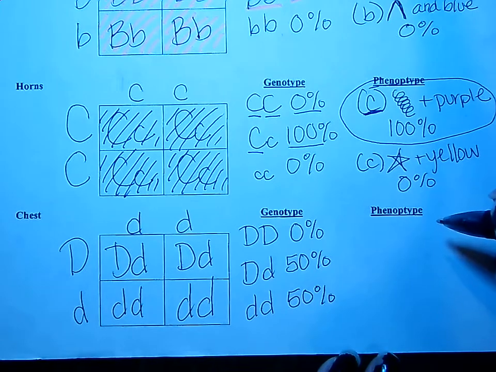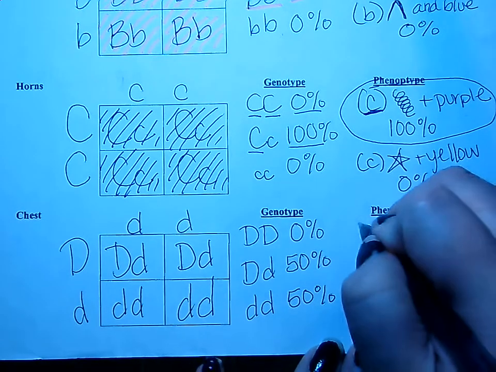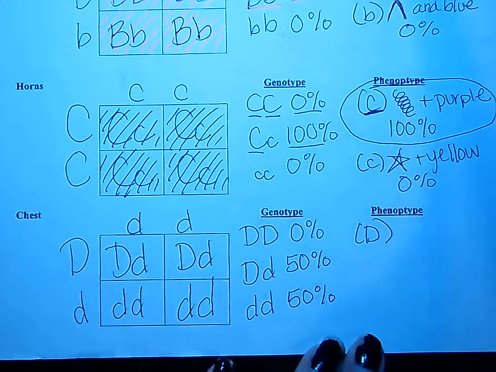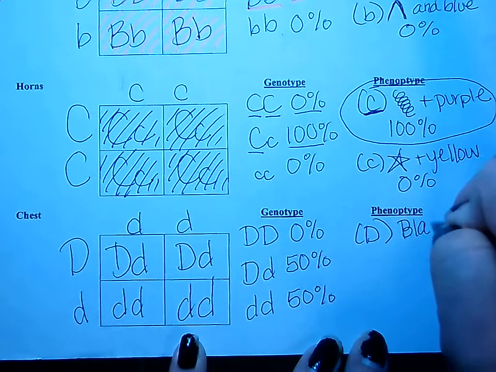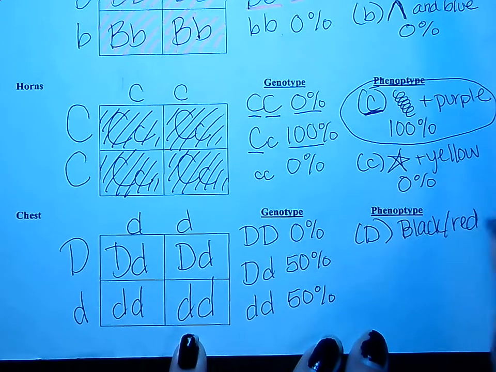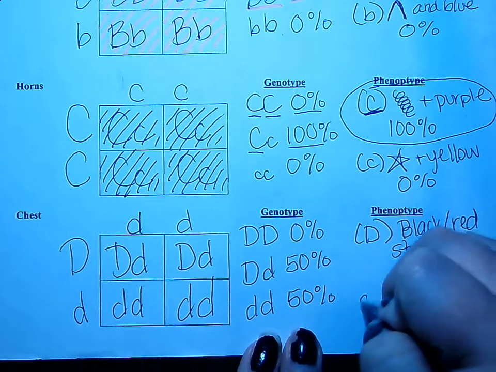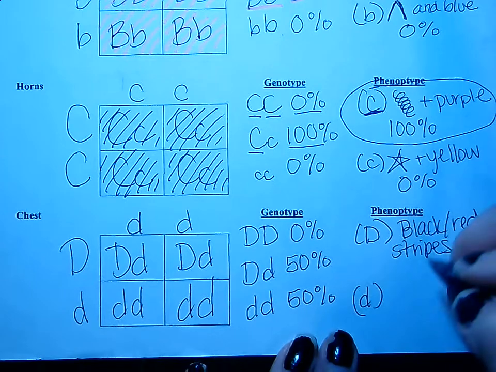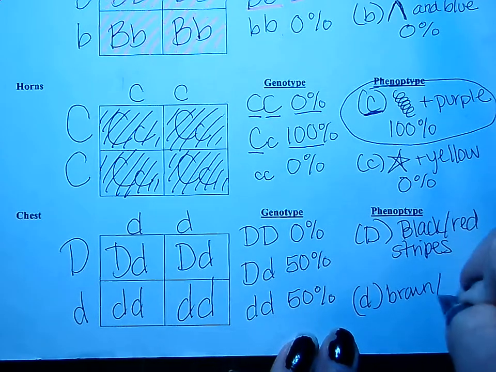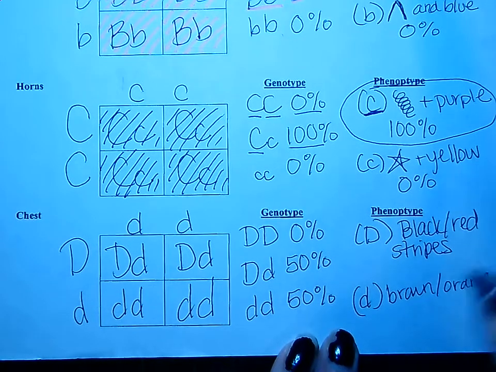So for phenotype, the dominant trait was black and red stripes. The recessive trait was brown and orange stripes.